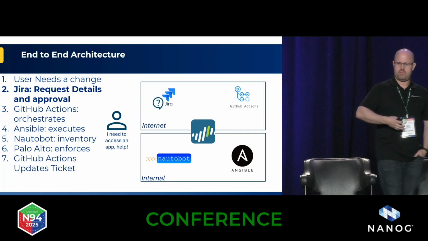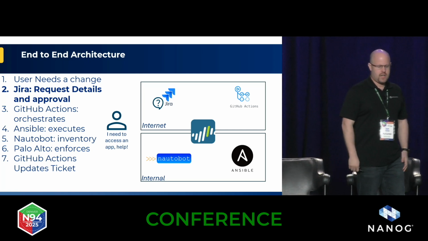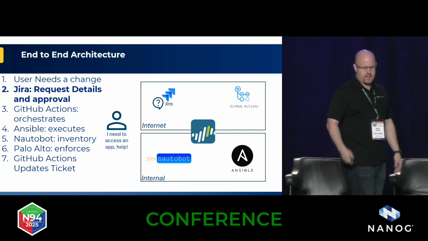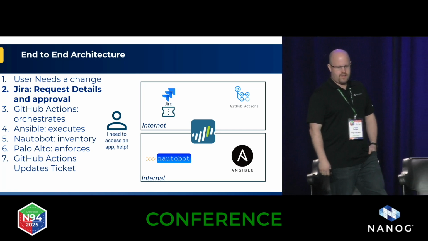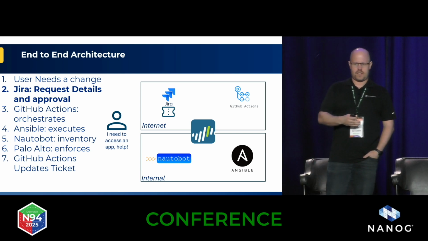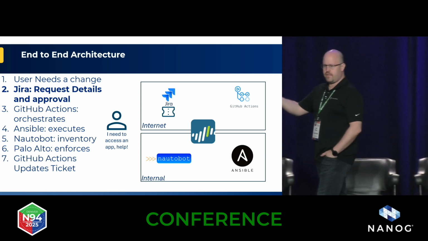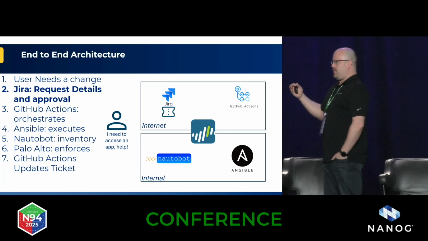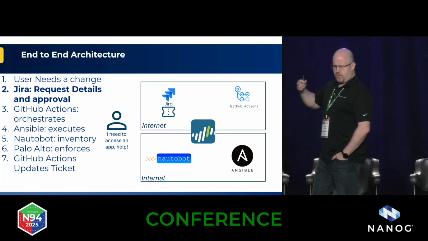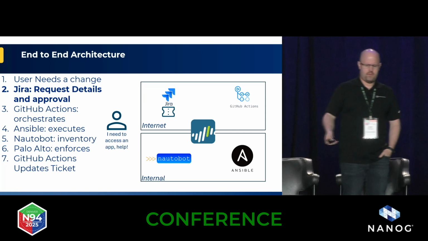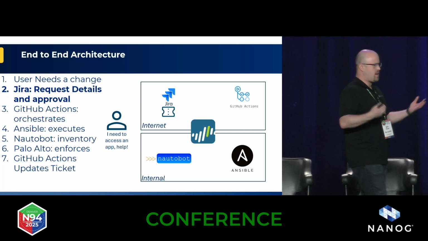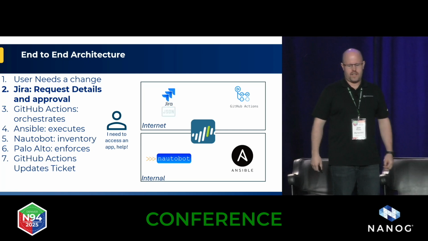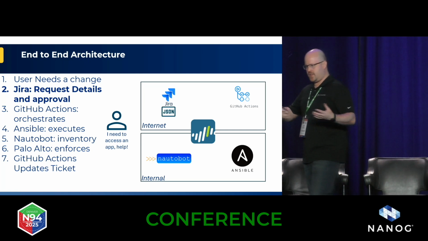There's a web server that is blocked by a NAT rule, and they know they need this request. There's governance that happens in the ticket, essentially someone changing the status from submitted to approved. Once it goes to that approved status, in this automation world, we consider this as JSON at that point.